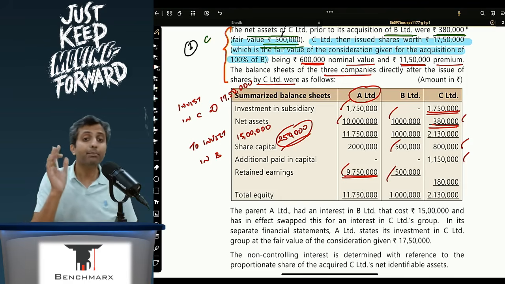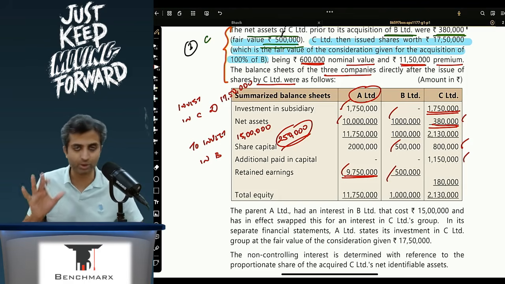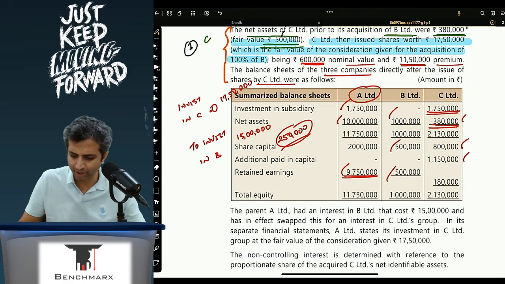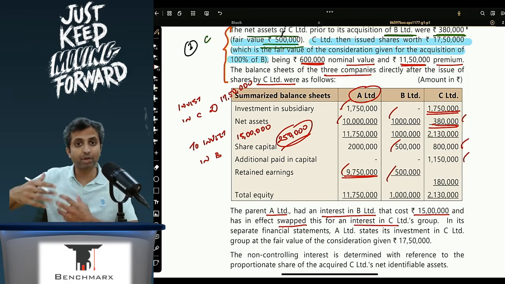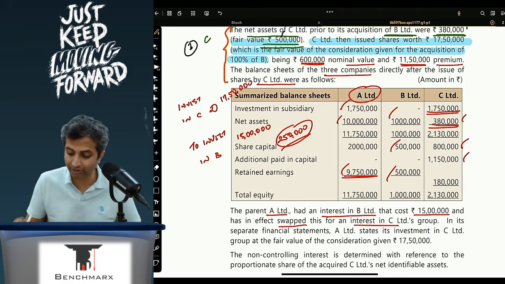Remember, this is book values. You will take over in A's CFS at fair values, that is 5 lakhs, but here it is book value. So that's about it. The parent A had interest in B that cost 15 lakhs and has in effect swapped, that is given up that for interest in C group. So I've given up 15 lakhs in my SFS and in return got 17 lakh 50 and hence a 2 lakh 50 gain.